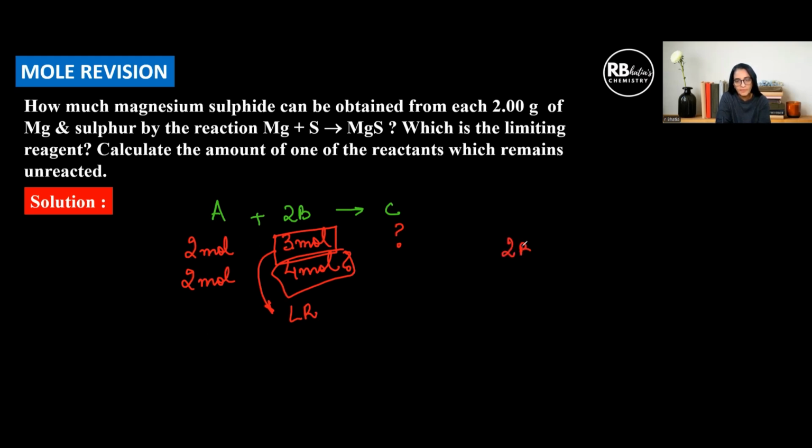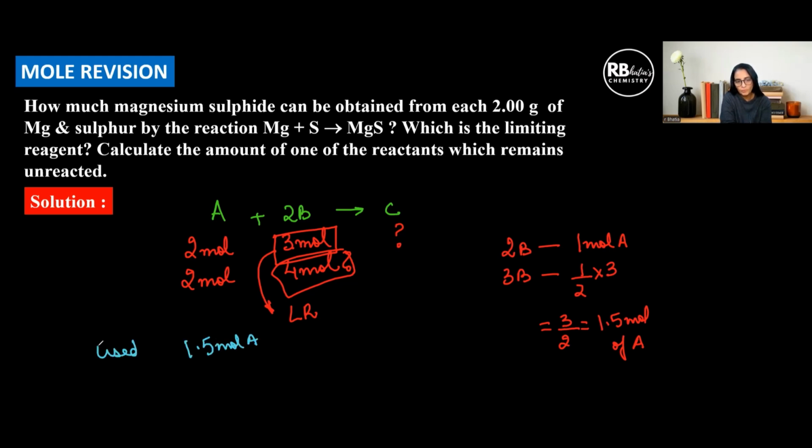We know 2 moles of B uses 1 mole of A. Hence, 3 moles of B is going to use 1 by 2 into 3, that is 3 by 2, that is 1.5 mole of A. So, what will happen at the end? 1.5 mole of A is used, which means 0.5 mole of A will be left unreacted because we took 2 moles of A.